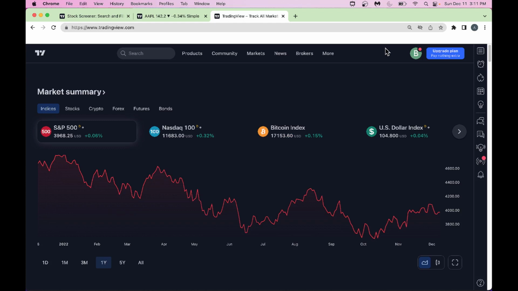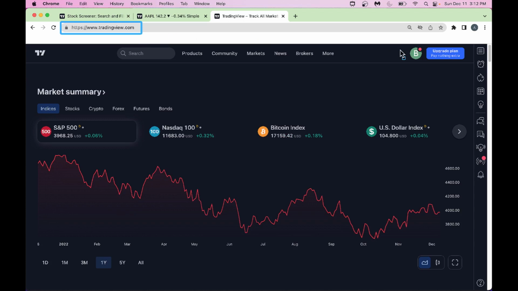As you log into TradingView, you will get into a screen something like this. I'm on the home page of TradingView, tradingview.com. It's a free screener. Anybody can go in and get this screener for free. I'm using mostly the free features here.